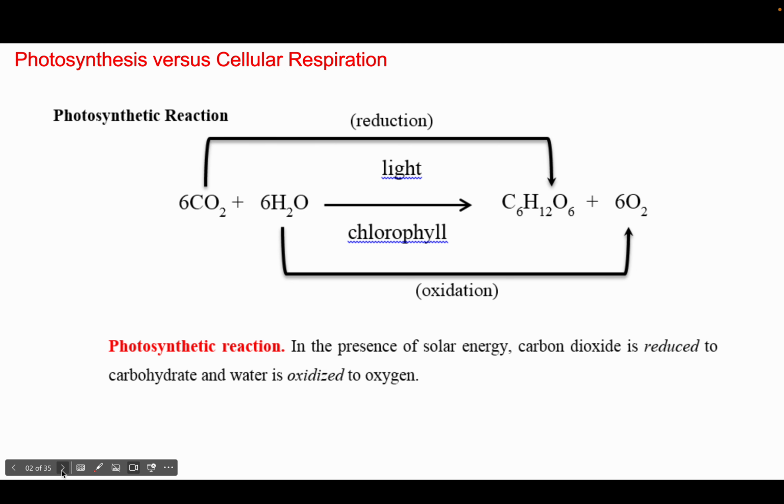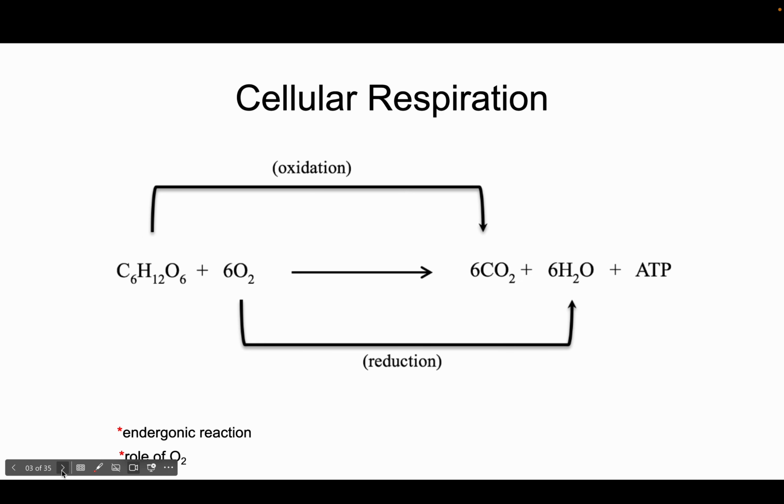Okay. Now, for the case of cellular respiration, you can think of it as sequential, or what happens after glucose is produced. But of course, in different systems, in animal cells.